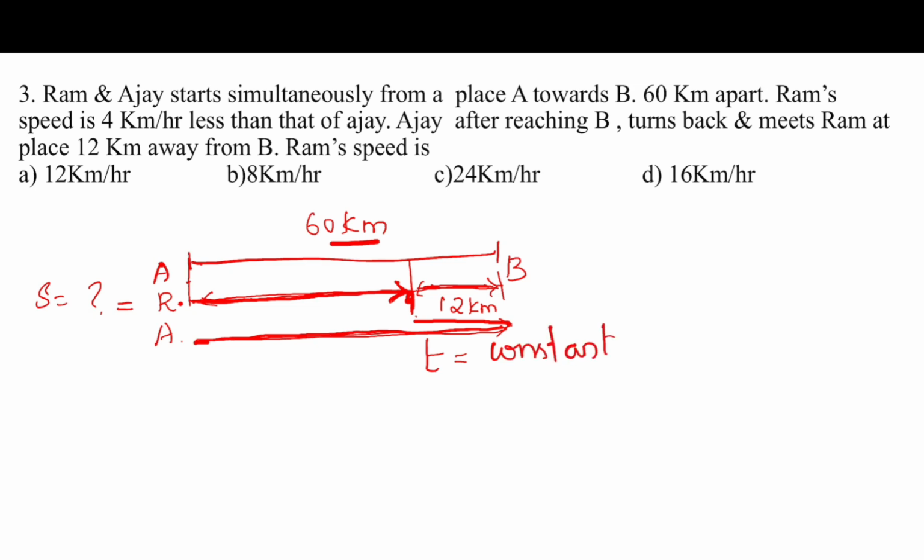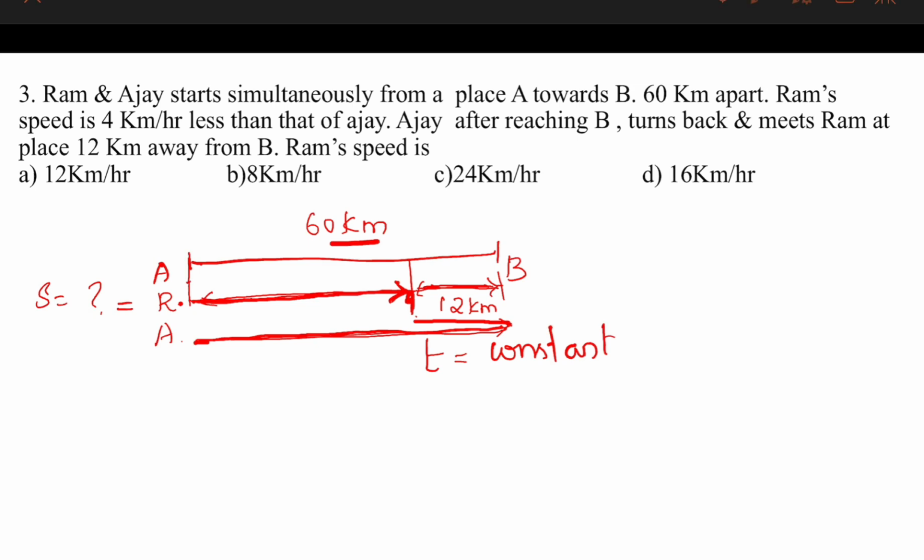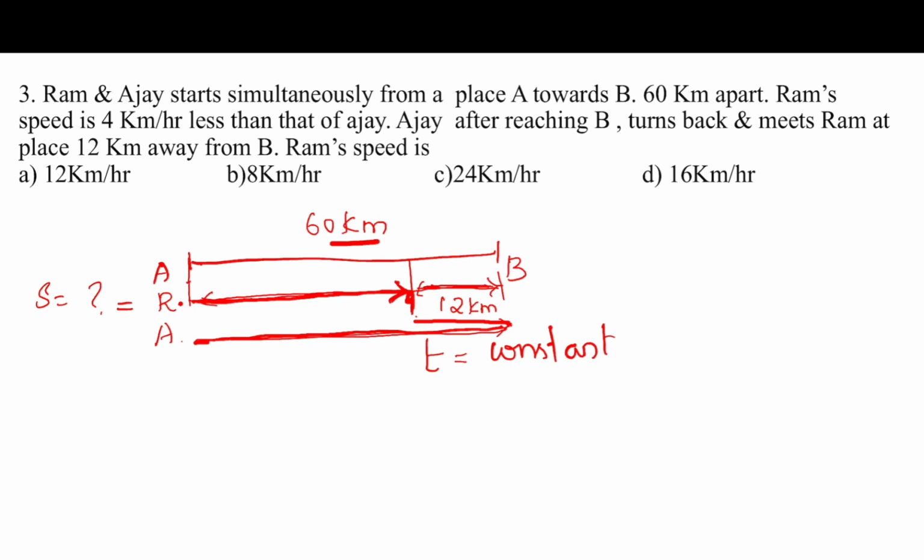Whatever time Ram takes to come till here, in that much time only Ajay has gone till point B and come back here. So time is constant. That means Ajay's time is equal to Ram's time.